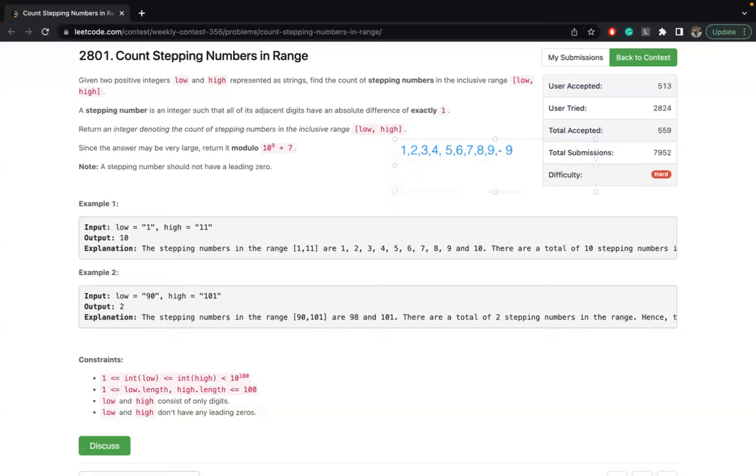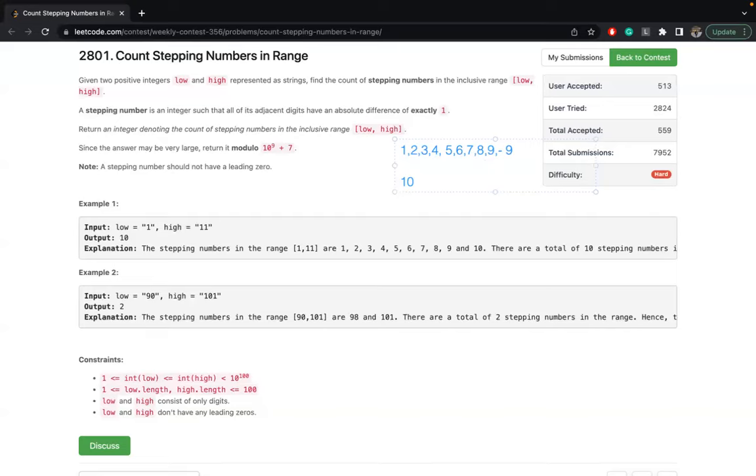What I'll do is try to create numbers with certain digits, or maybe I can create numbers which have certain last digits. So if you have last digit 0, then you can start with 1.